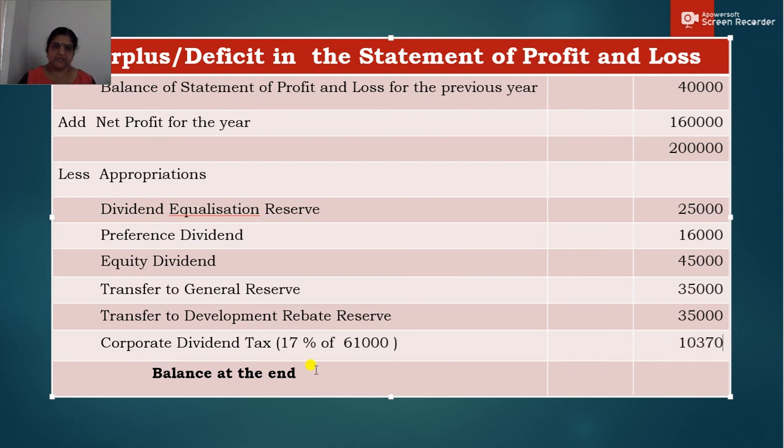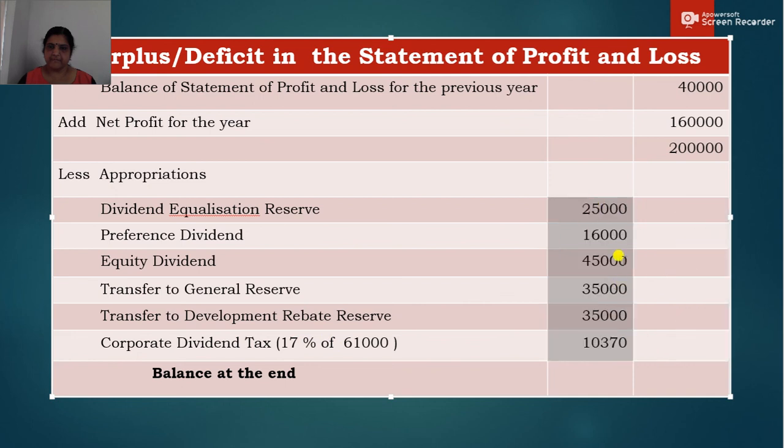Okay. So the total will be 1,66,370 and the balance at the end will be 33,630. Okay, hope it is clear.